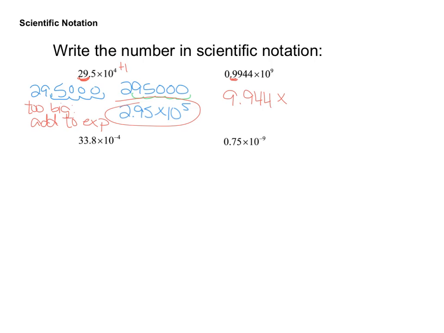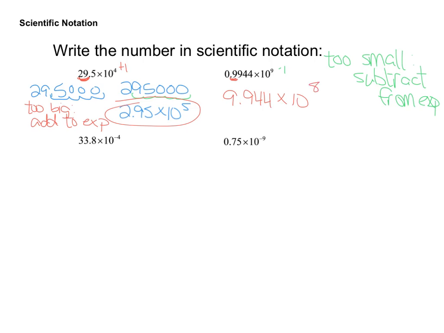It was 0.9 instead of 9.9. So if it's too small, you subtract from the exponent. So I moved it 1 place, so I'm going to subtract 1. So I'm going to get times 10 to the 9 minus 1 is 8.